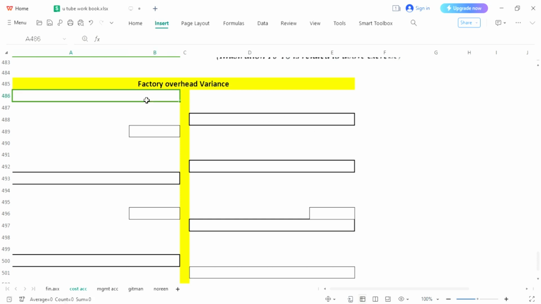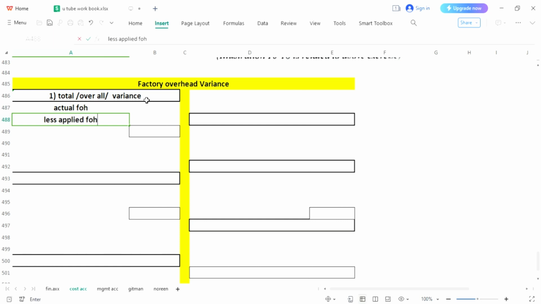The very first thing which will be used over here is the total variance, the overall variance, which is the relationship between actual FOH and applied FOH, which would be put over here. We will calculate the variance, which is the difference between actual FOH and applied FOH. Next step is to conclude by focusing upon applied FOH.